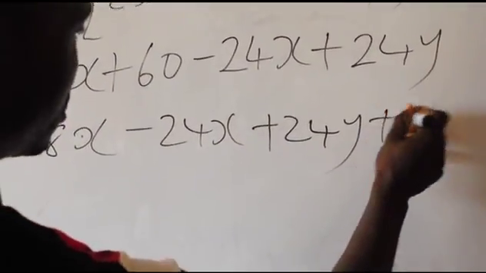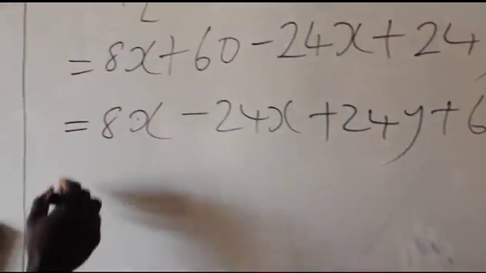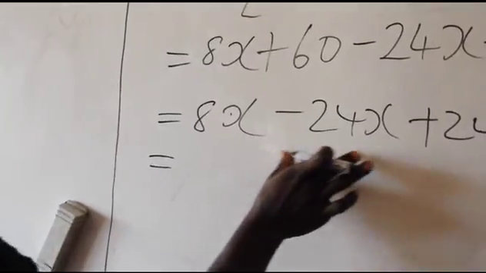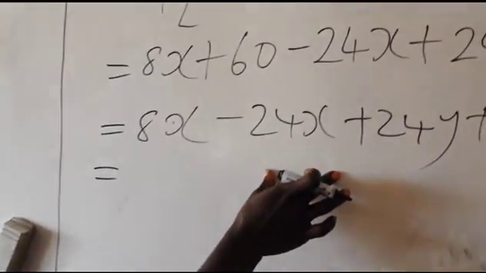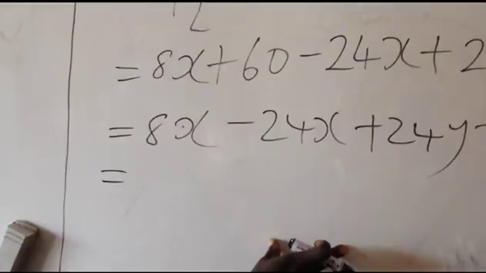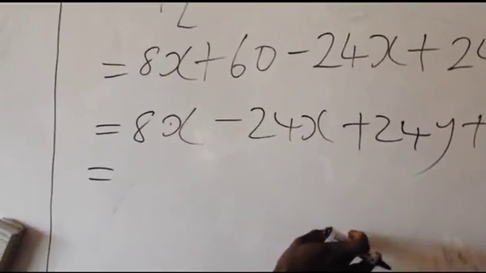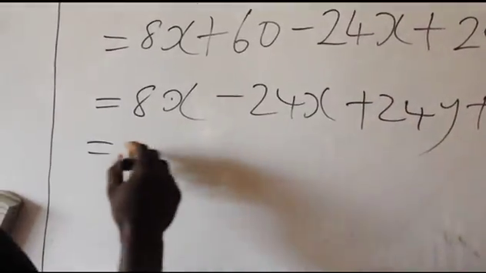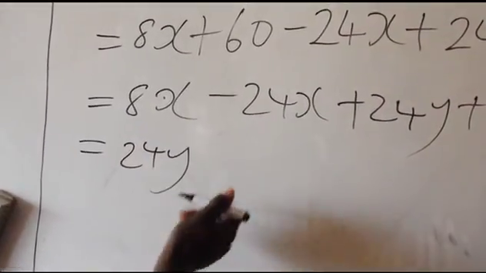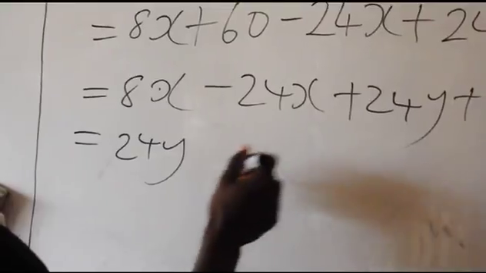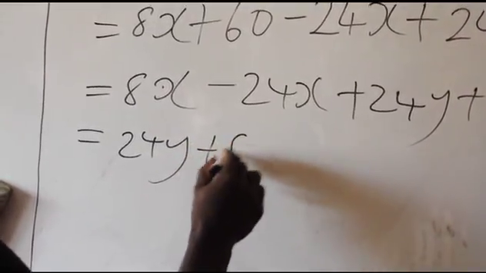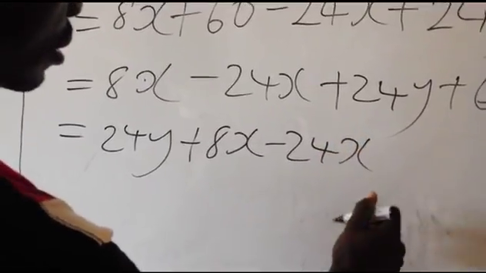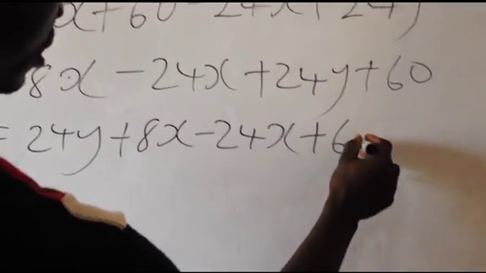Plus 60. Now, 8x minus 24x will be equal to, let's bring it this way, 24y plus 8x minus 24x plus 60.